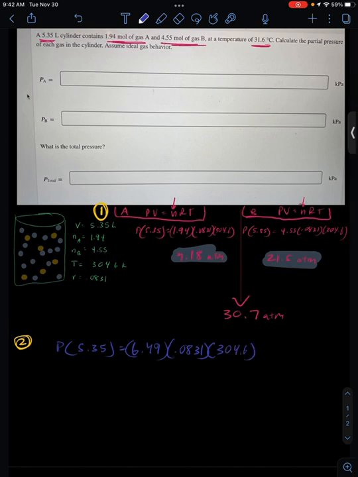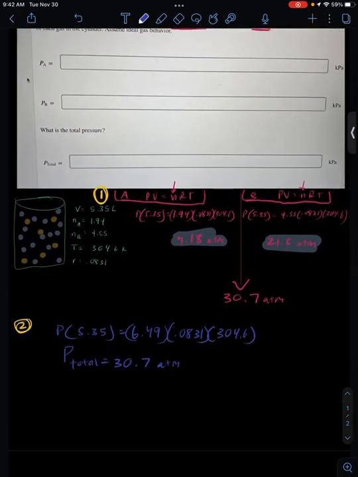Okay, so we can figure out the total pressure like this. 6.49 times 304.6 divided by 5.35. So we get the total pressure, 30.7 atmospheres, is my total pressure.